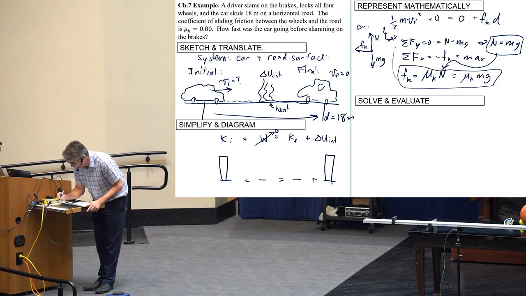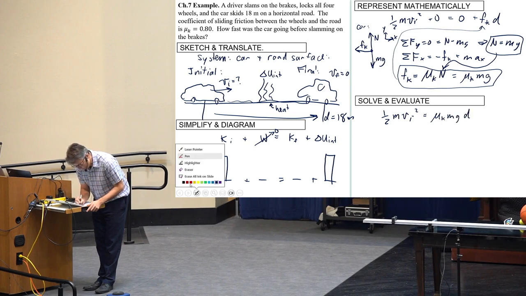So I've got 1/2 m v initial squared equals mu sub k times m times g times d. And I was right. The m's cancel. So that's lucky. And now just solve out for vi.